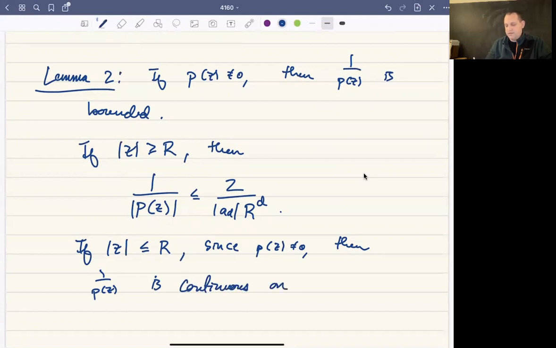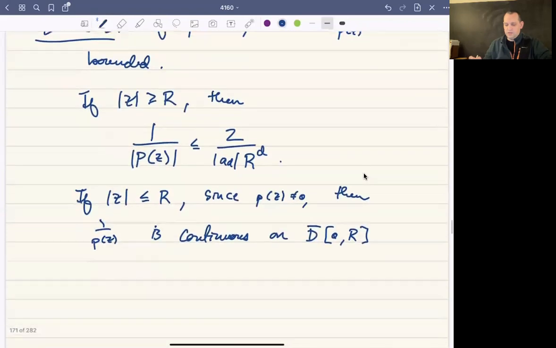Okay, and it's continuous on the closed disk D. So this is, remember, the closed disk centered at the origin. So this is all the points that are within a distance r from the origin, including the boundary. So if you have a continuous function on a closed disk, it follows that 1 over p of z is bounded.